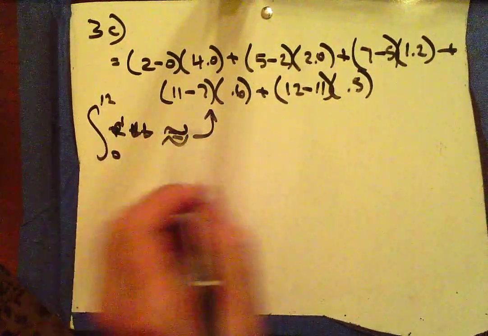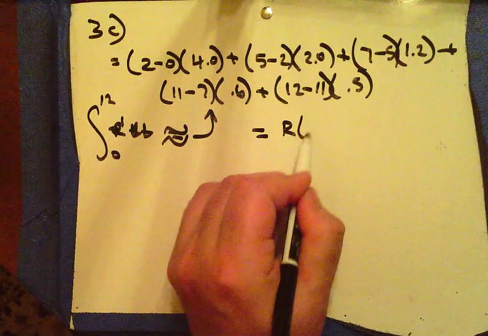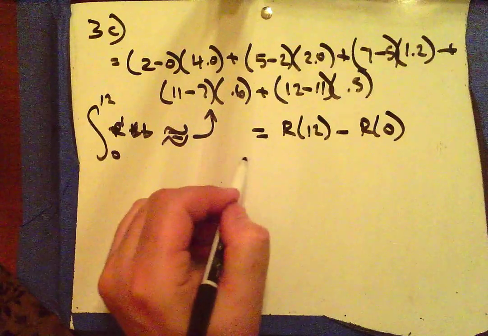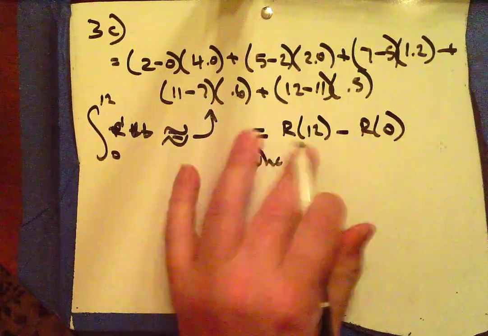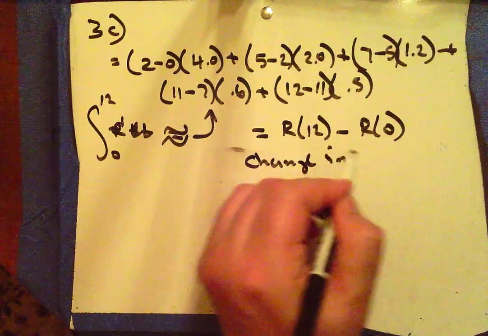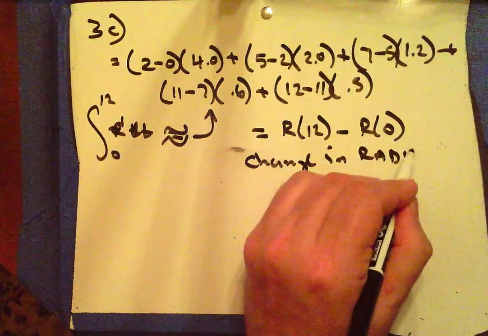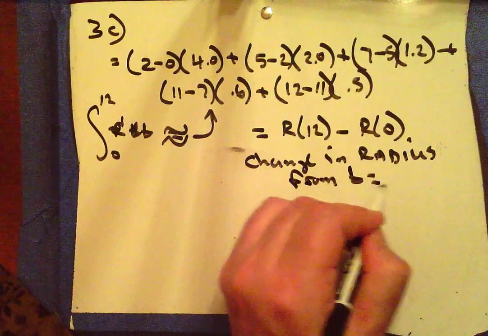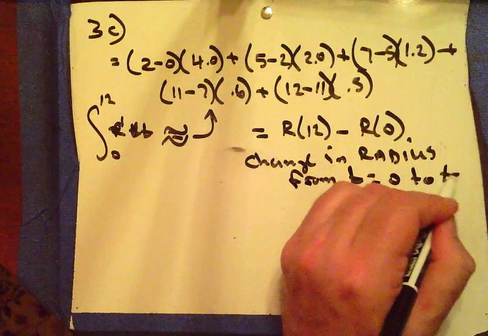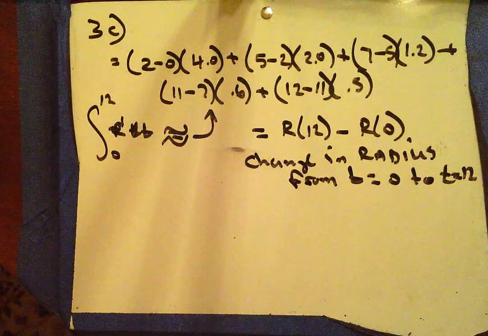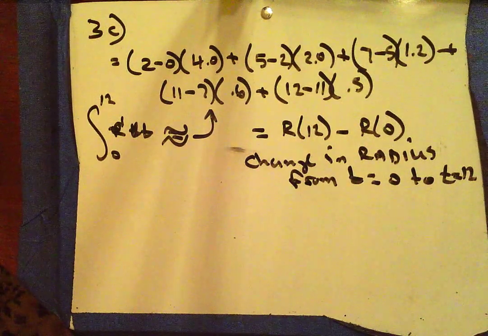Now remember, this is equal to r of 12 minus r of 0, which is the change in radius from t equals 0 to t equals 12. Okay. Use correct units, explain the meaning of that.